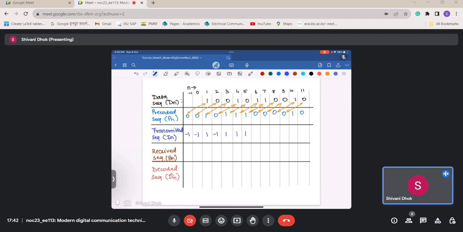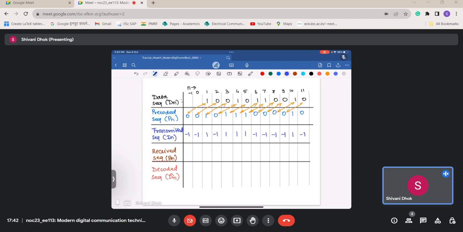Then we have Pn as 0, so it will be -1, again -1, -1, -1. Now at n equal to 10 we have Pn as 1, so this will be equal to 1, and here at n equal to 11 we have 0, so this will be -1. So this is your transmitted sequence.